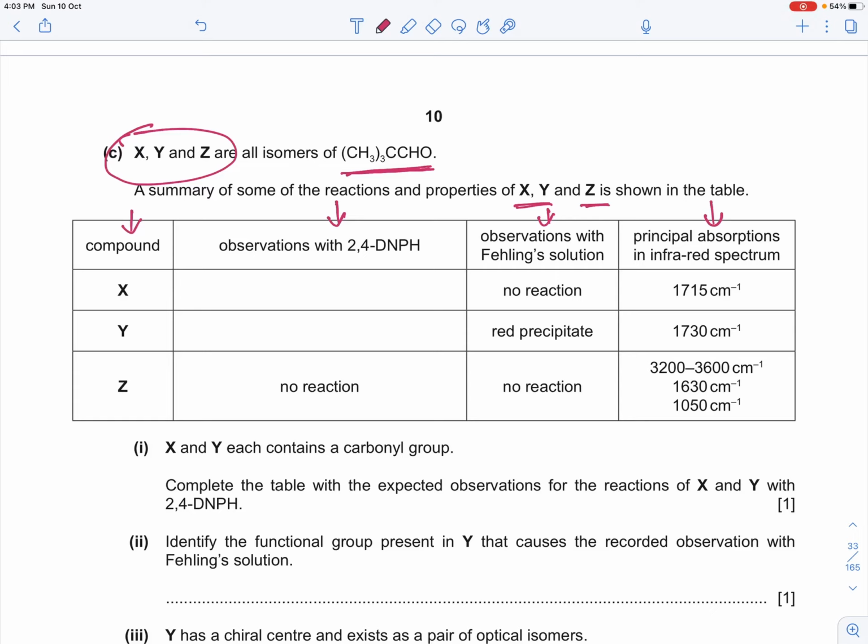Okay, so the first part is X and Y each contain a carbonyl group. So they have given us this information that both X and Y contain a carbonyl group.